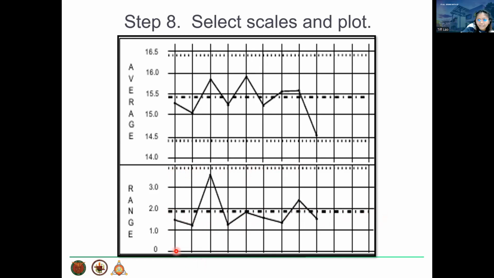And again, itong data points, paano siya nakuha? Correct. That would be the range per subgroup. Are we clear?